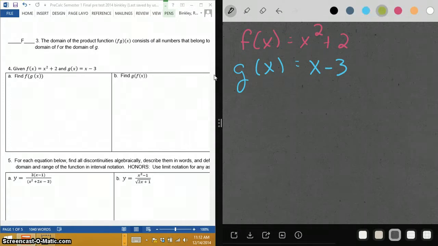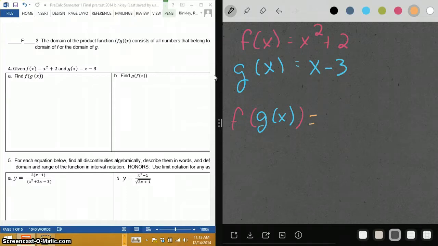So if question A is asking for f of g of x, let's do f in pink. This is going to be equal to, I'm going to rewrite f of x, x squared plus 2, but where my x is, I'm going to leave it blank because that's where my g of x is going to be.